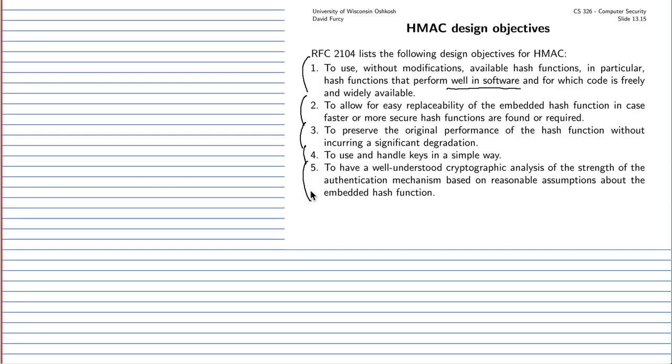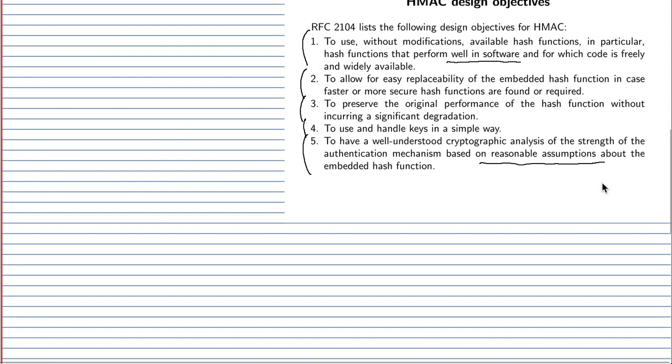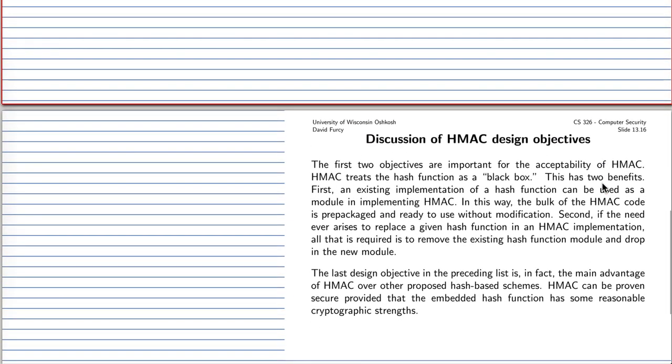So we want to be able to guarantee the security of the HMAC algorithm based on reasonable assumptions about the security of the embedded hash function. Knowing something about the security of the hash function, we should be able to infer something about the security of the HMAC algorithm that uses it.